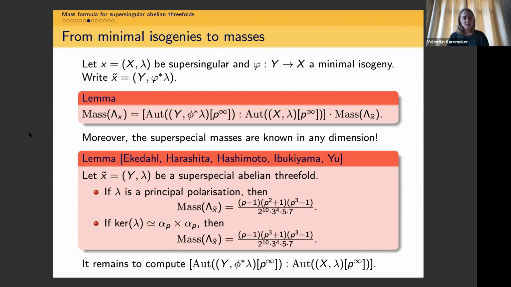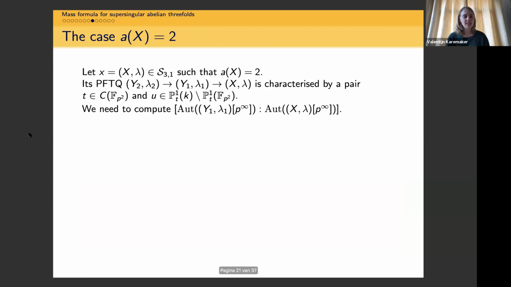And moreover, from the second lemma on this slide, you can see that if the a-number of our variety is 3, then we're already done, because then the first point of this lemma tells us the answer. So the remaining cases then are those of a-number 2 and a-number 1. So we'll do that in that order.